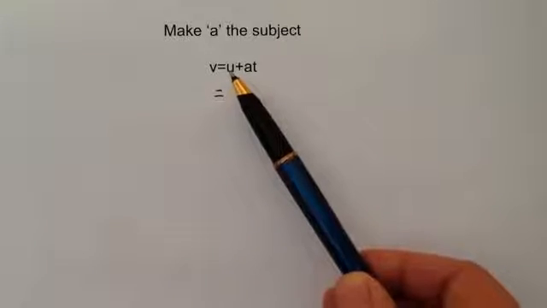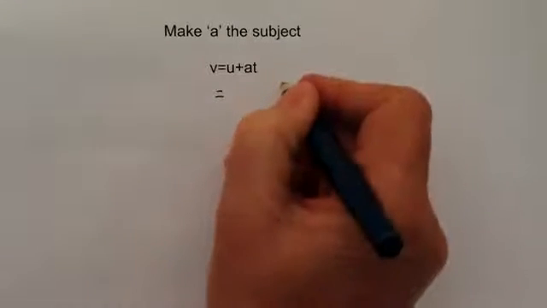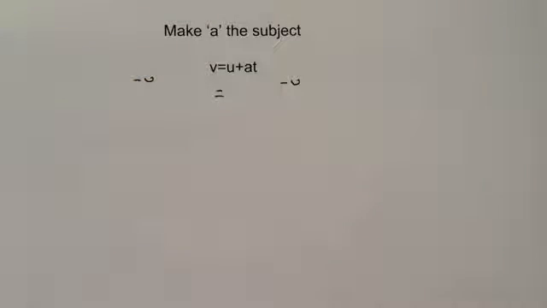So the first thing I'm going to do is get rid of this U. At the moment the easiest way to get rid of it is to minus U, but because I have to minus U from the right hand side, I also have to minus U from the left hand side.